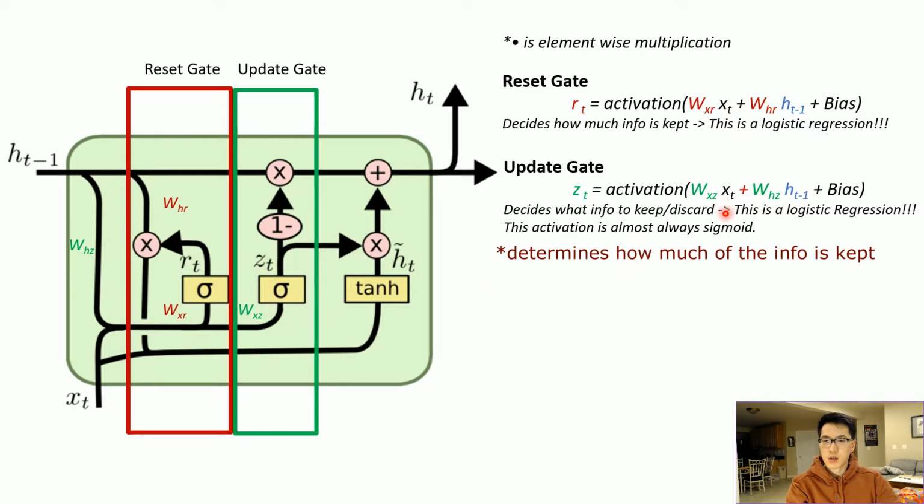So there is matrix multiplication: you multiply the weights of x to z by your input x_t, and you add that to the weights of h to z multiplied by your previous state, h_{t-1}, and then you add some bias. So that is essentially your update gate.